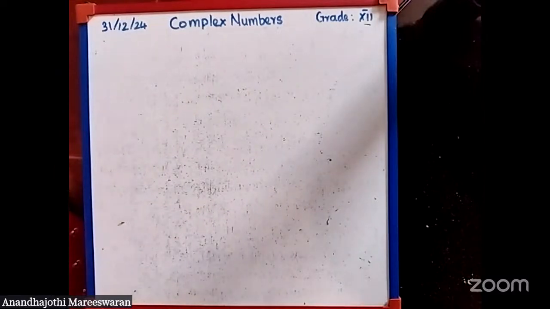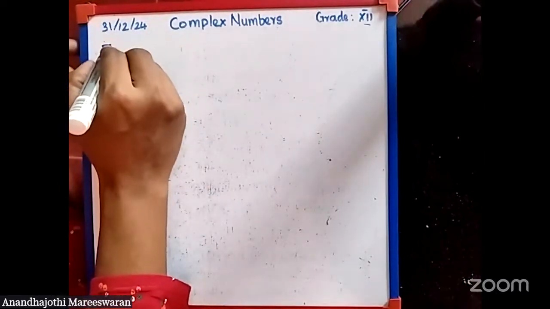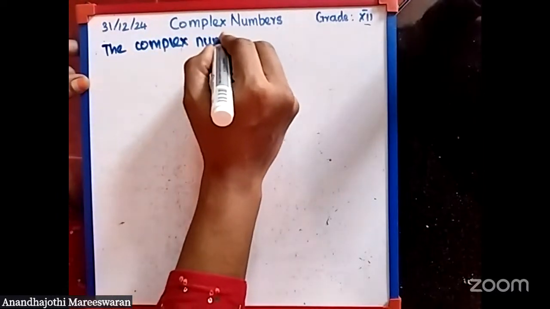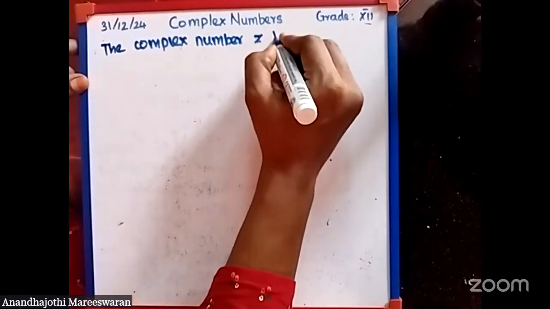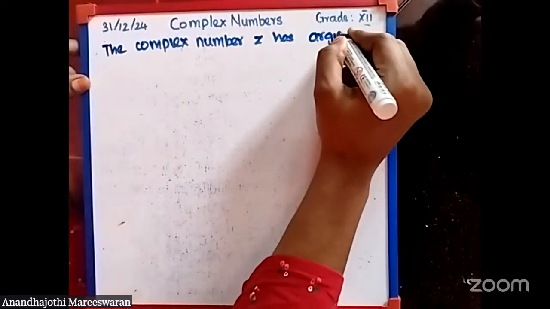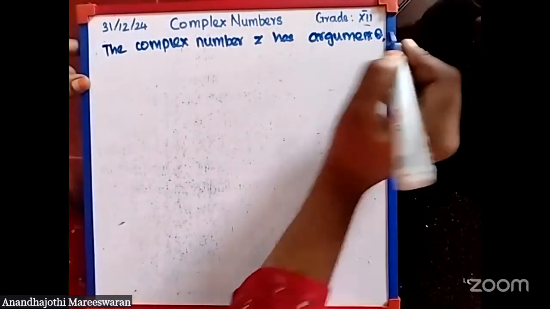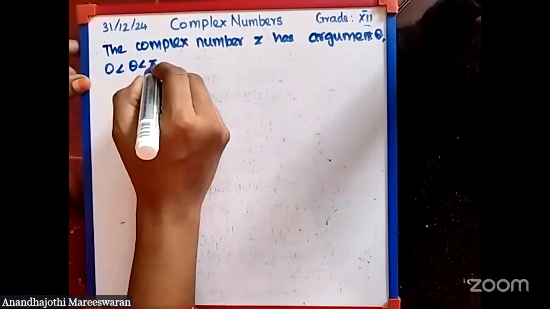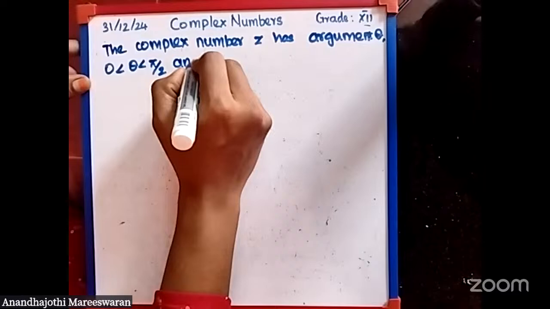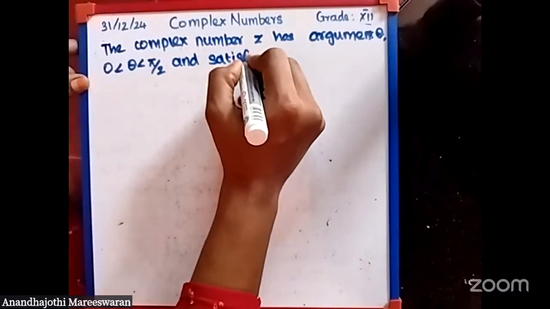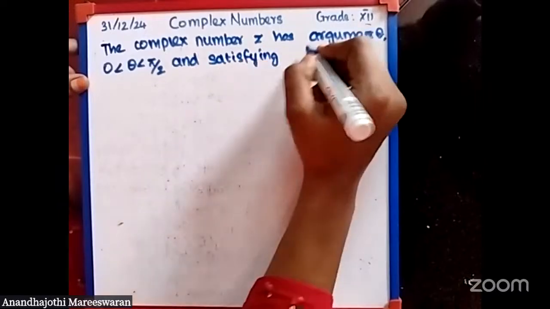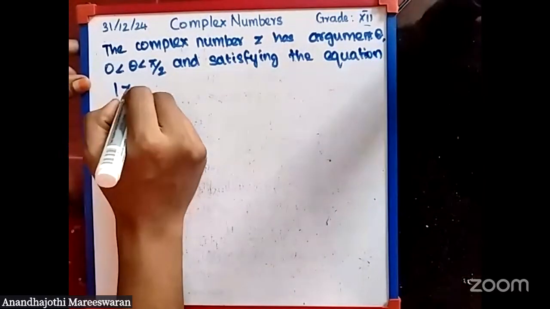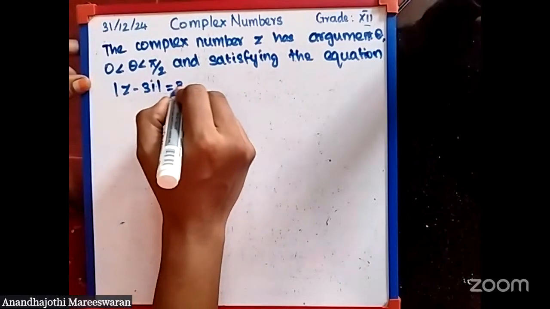Sure. So the next sum is: the complex number z has argument theta, which lies between 0 and pi by 2, and satisfies the equation modulus of z minus 3i equals 3.